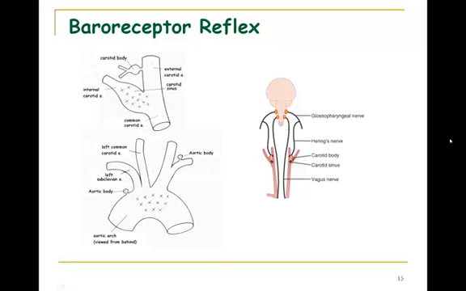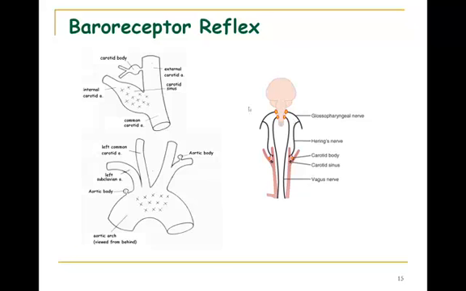The carotid sinus sends information up through Hering's nerve, then cranial nerve 9, which is your glossopharyngeal nerve, through the nucleus tractus solitarius, then eventually up into the vasomotor center.